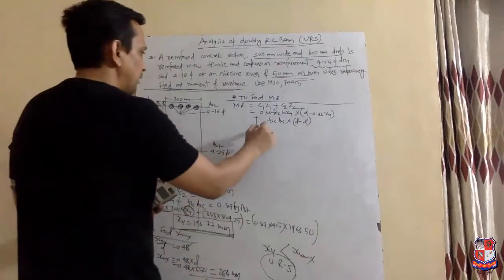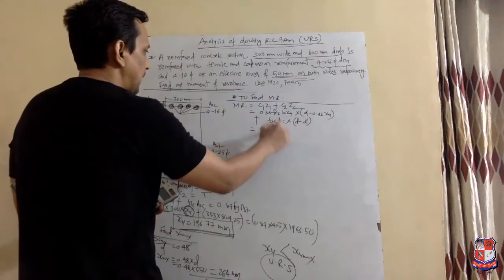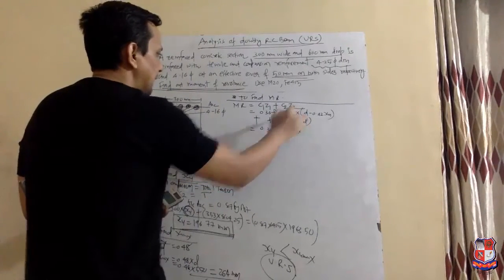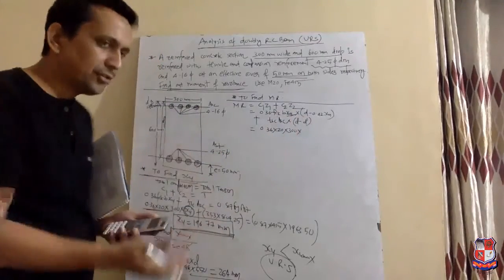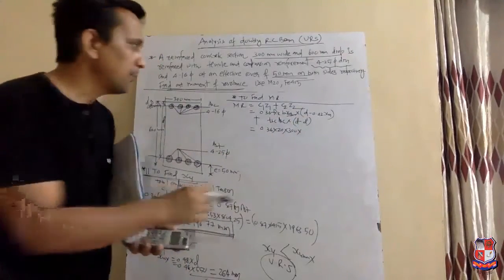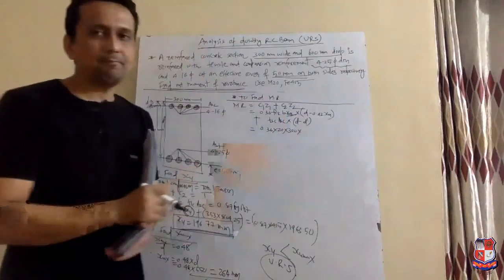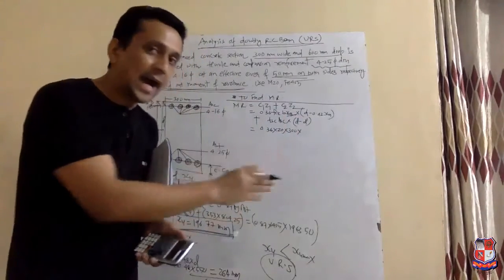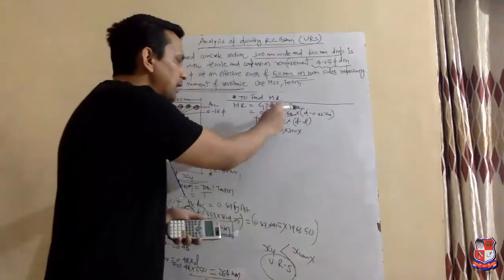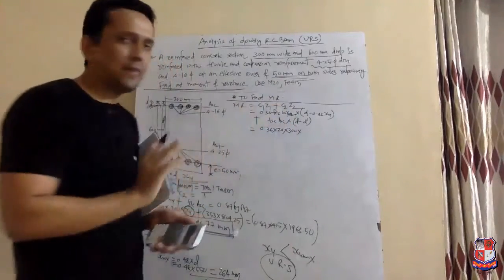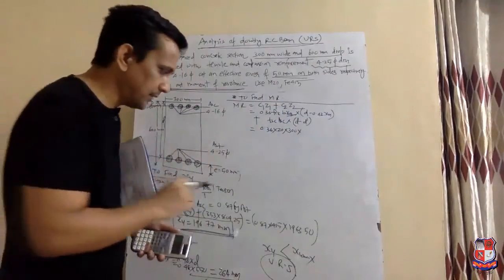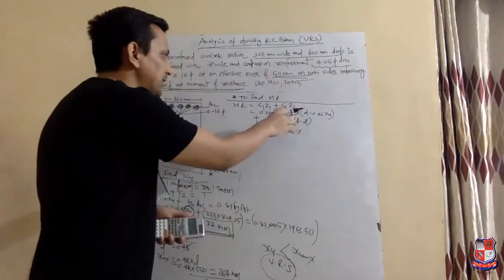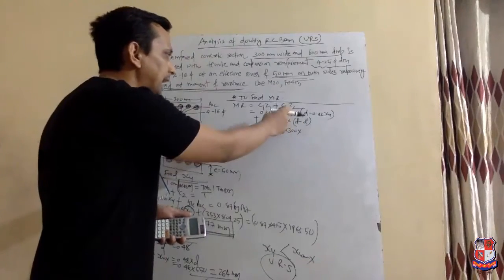Putting all the values, FCK is 20, B is 300, now here XU. In case of URS, put the value of XU. And if our section came ORS, then put the value of XU max instead of XU. In our case, our section has come URS, that's why in the equation we have written XU.